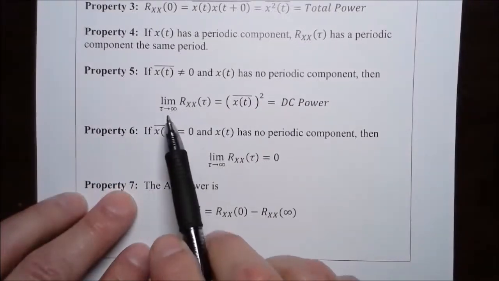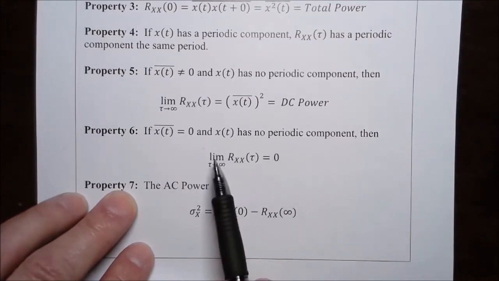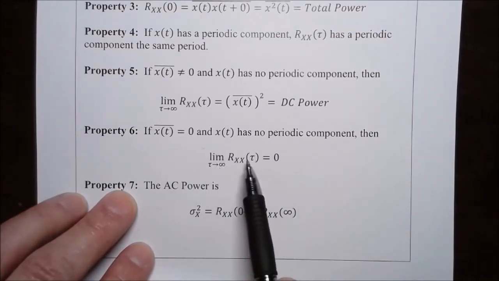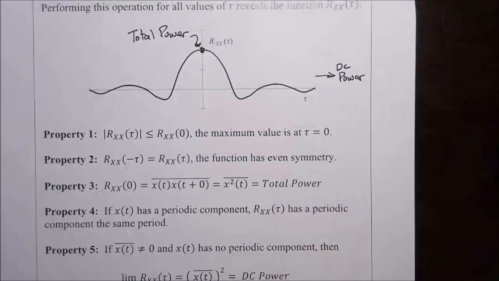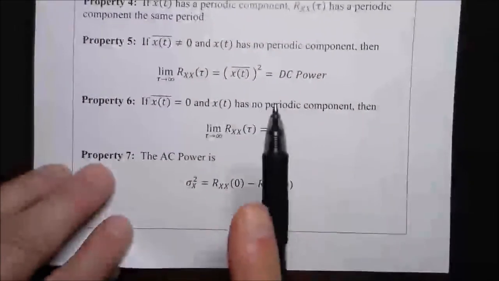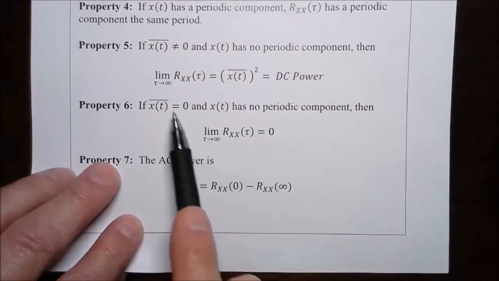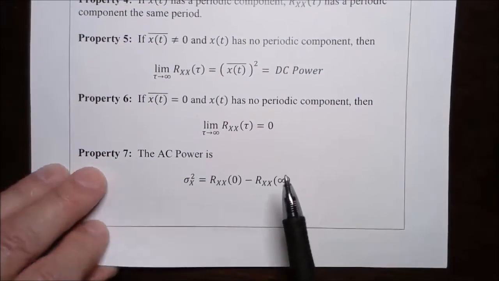Okay, if it has no DC component and it has no periodic component, then the autocorrelation as tau gets large will always tail off to 0, and that's what this example looks like it's doing. But if the random signal did have a DC component, it would not tail off to 0. As tau gets large, it would tail off to be equal to the DC power.